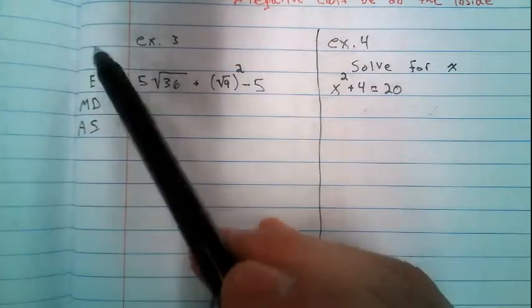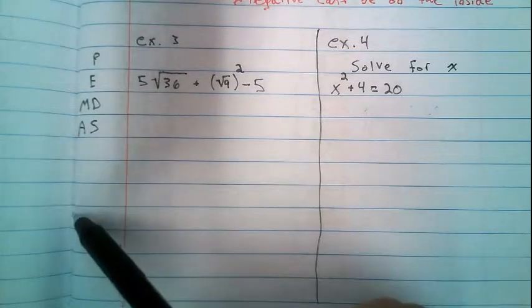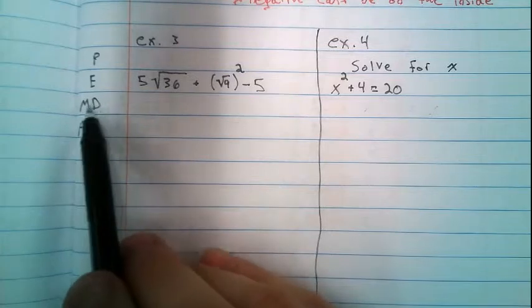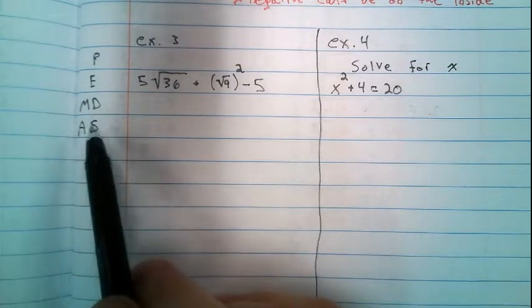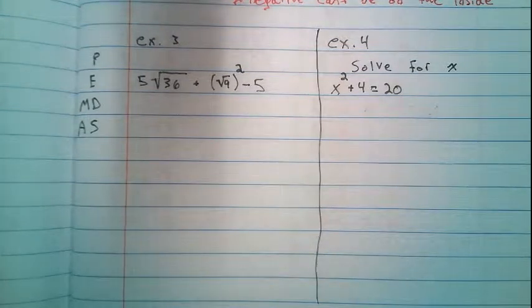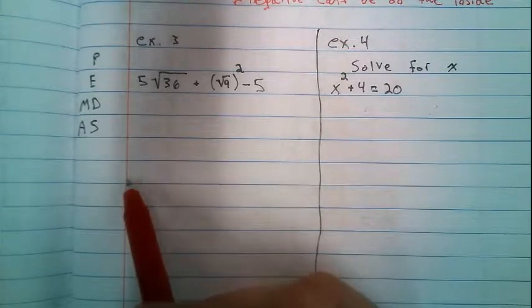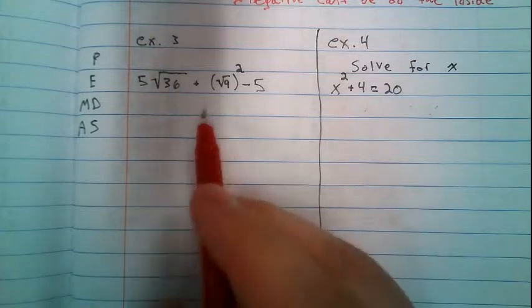So order of operations is PEMDAS, if you remember correctly. So parentheses, exponents, multiplication, division, addition, and subtraction. Now notice there is no S that stands for square roots. Right? Square root is actually a type of exponent.